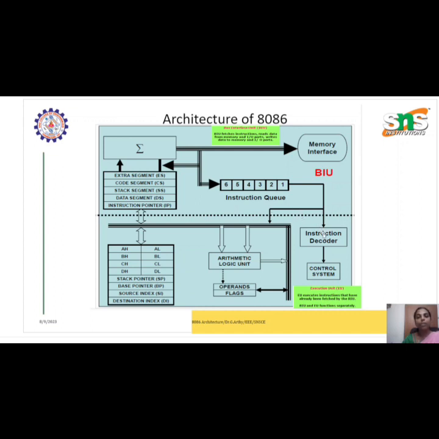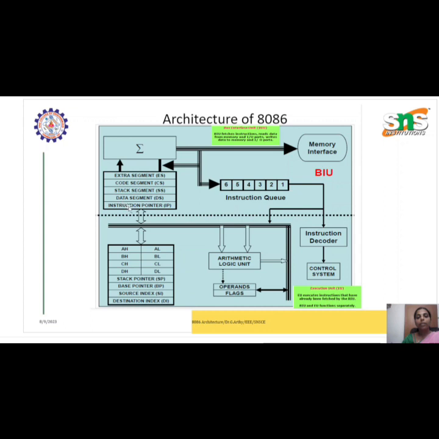The instructions from the memory are fetched to the instruction decoder through the instruction queue, which is a first in, first out (FIFO) register. Since the instruction queue is there, there will not be any lack of fetching instructions, and overlapped processing can be done.